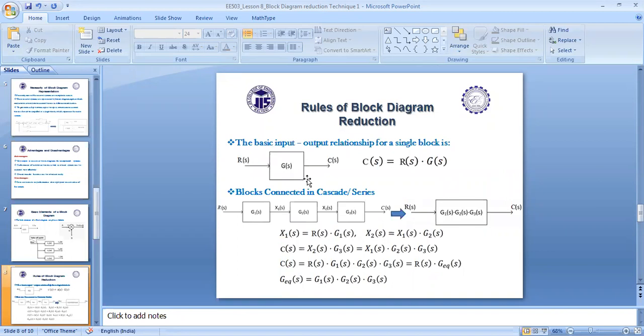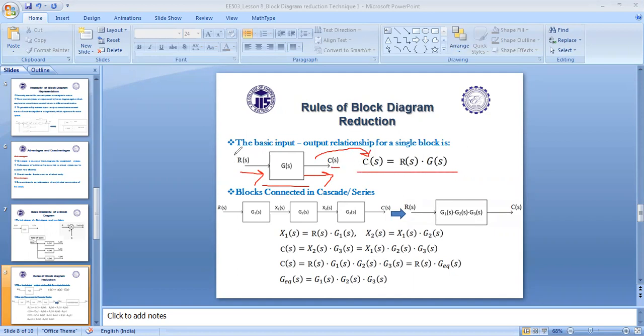Now we'll move to the rules of block diagram reduction. First, let us consider the simplest block diagram having one single block with R(s) input and C(s) output. How can we represent this mathematically? See here, the output C(s) is written as R(s) into G(s).